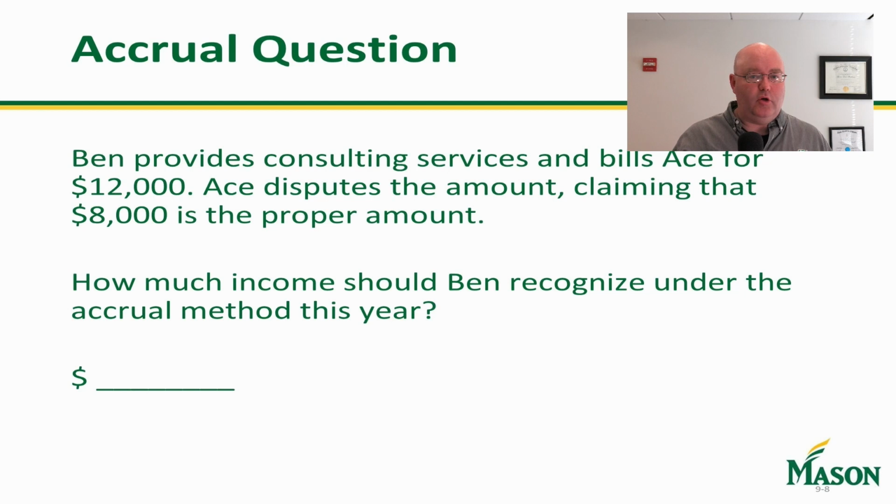Okay. Now, you can do this one of two ways. One, you can just redo the invoice at $8,000 and move on. Two, you can set up a bad debt, although I don't think that's really an appropriate way of doing this, because if it turns out that Ben was wrong in sending out a $12,000 invoice, that's not really a bad debt.